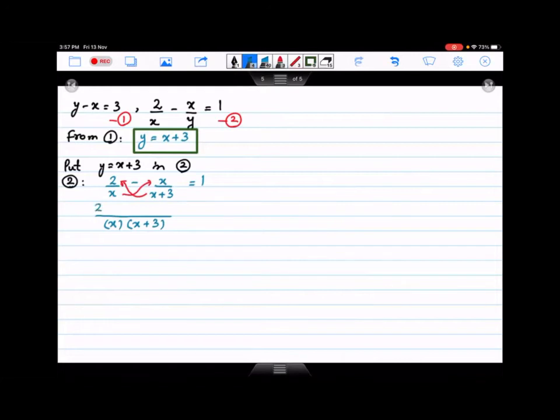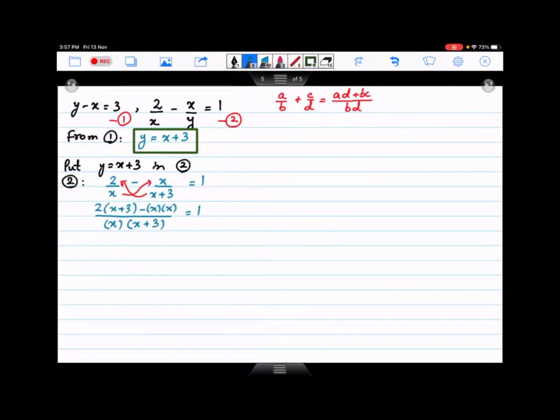So it becomes 2 multiplied by (x plus 3) minus x multiplied by x. So that's the procedure for LCM. In a manner, we can write a upon b plus c upon d basically becomes (ad plus bc) upon bd. That's the simplest of the LCMs.